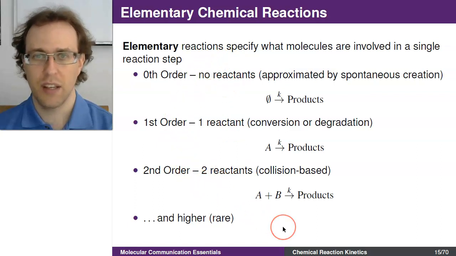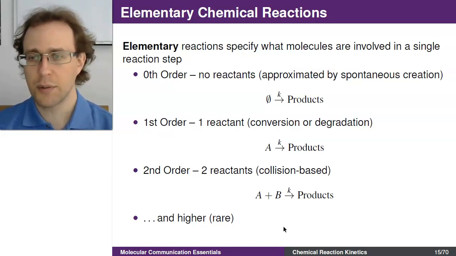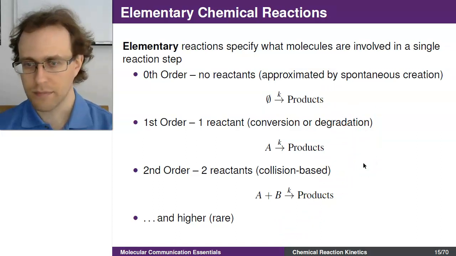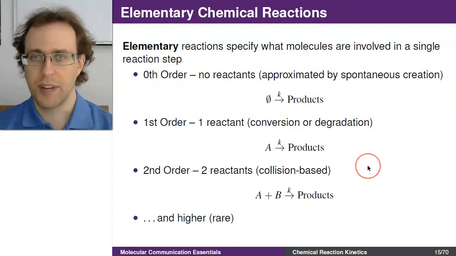So it's quite easy, if we know that we're looking at an elementary reaction, to determine what the order of that reaction is. And this is useful because each of these different orders is implemented in different ways, especially when we look at simulations, and we'll be seeing that later in this video.